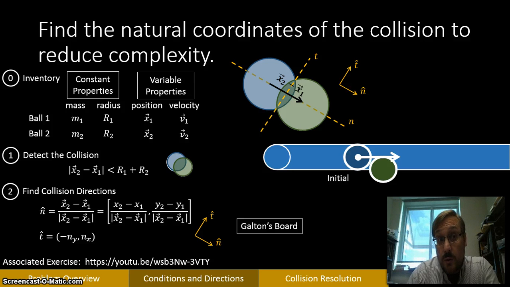And those you can get from the normal components. In some of our simulations, we've used the tangential component as the primary one, and we found the normal component later on. But it's always going to be the normal component where the action happens. It's the normal component where we have the impulse, unless we have some friction, and we're not dealing with that in this particular case.